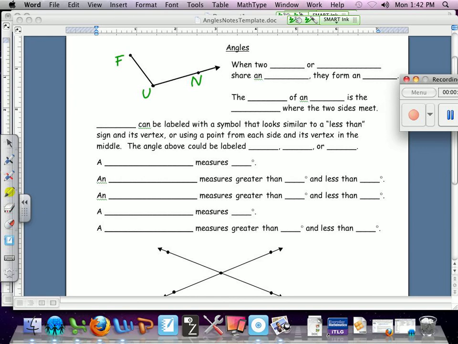So when two rays or line segments share an endpoint, if I can clear that away a little bit, they form an angle.